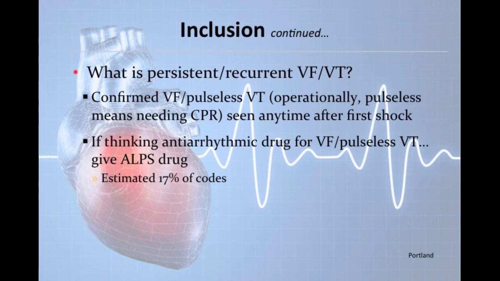It's coming back. You also want to think, if I would normally give amiodarone or an antiarrhythmic drug in your Clark County guidelines, also the AHA guidelines, that's when you would want to step in and give the ALPS drug, as long as they meet the criteria for inclusion.